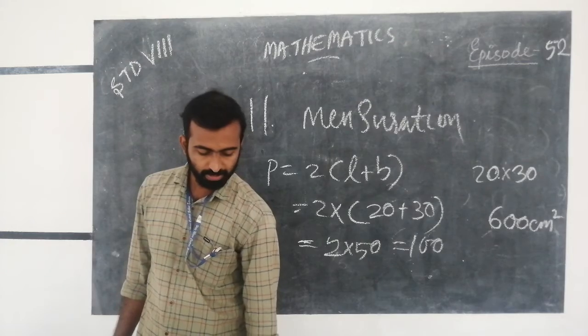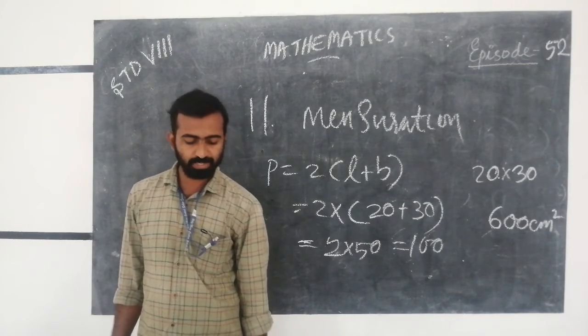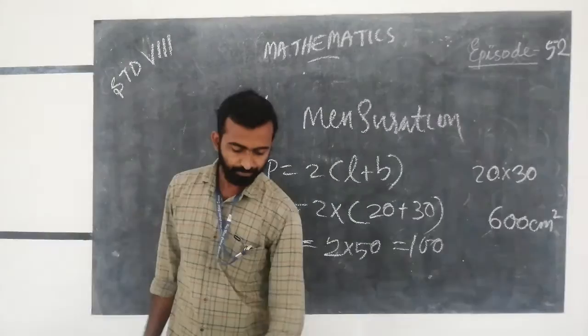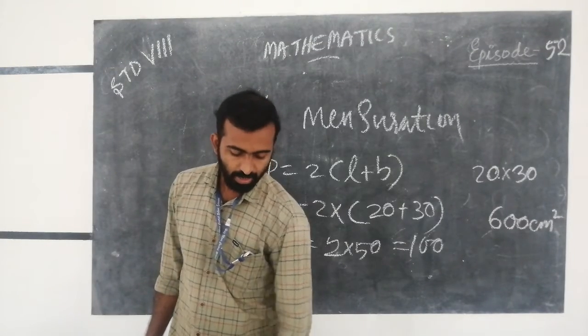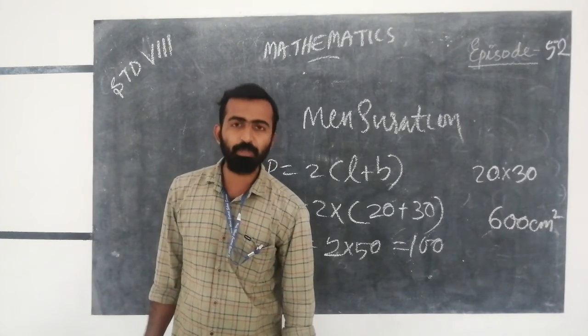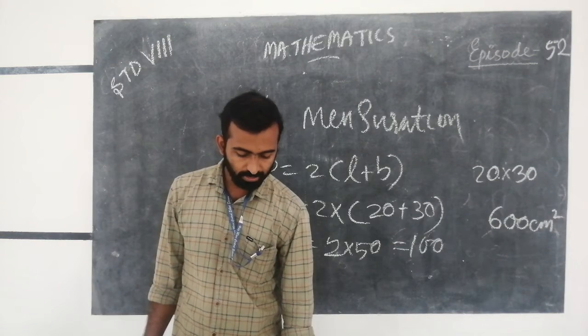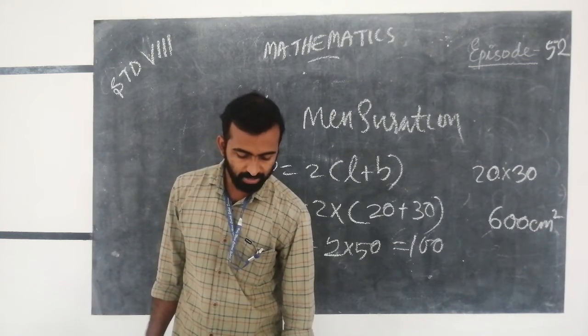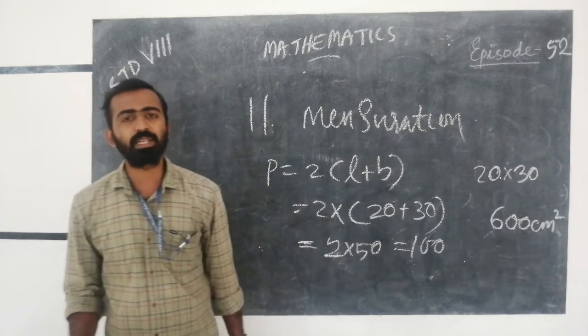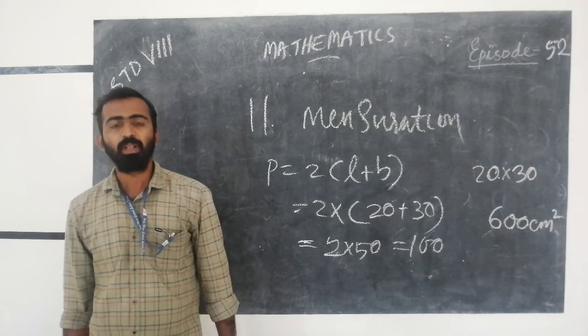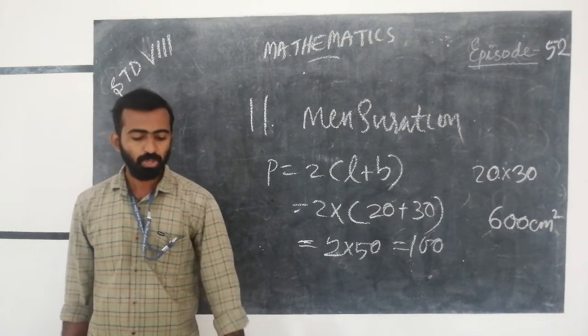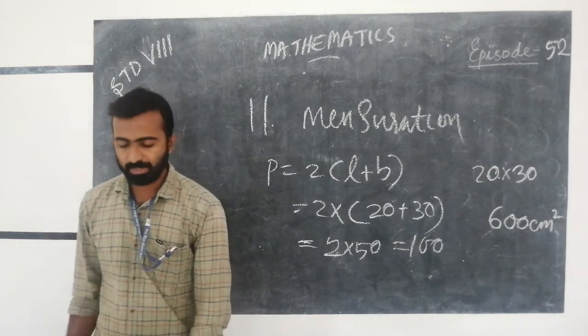Area of the cement path is equal to area of the park minus area of the park left after cementing the path. Now since the path is 1 meter wide, the rectangular area after cementing the path is 30 minus 2 into 20 minus 2.